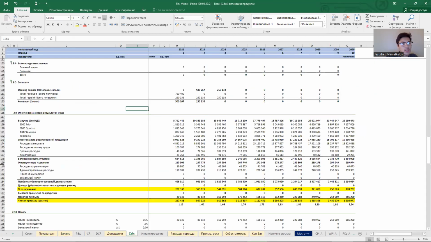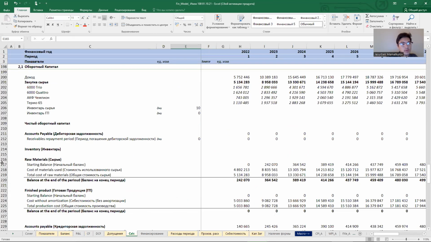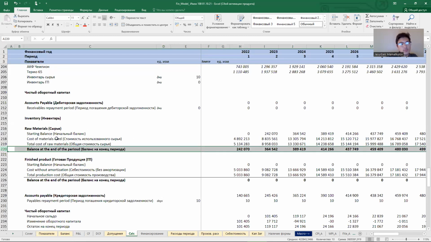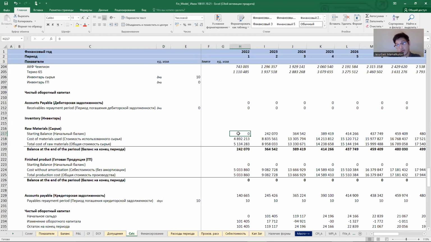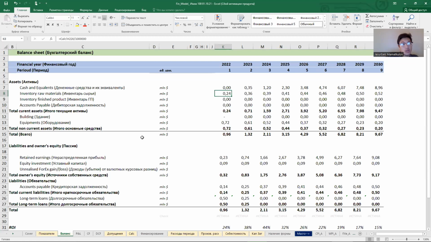Page 220. So here you go. It shows that when starting our company, we had zero raw materials, and then how many raw materials we used and the price of those materials, and the total comes to the balance sheet.